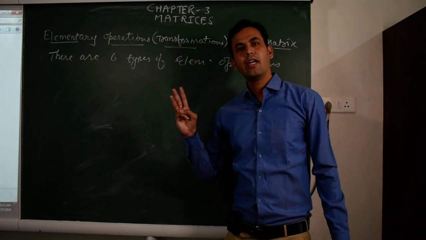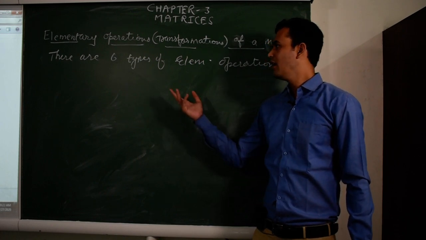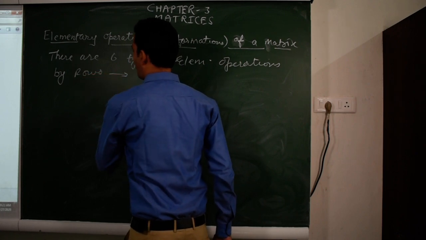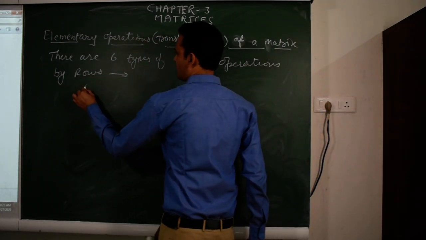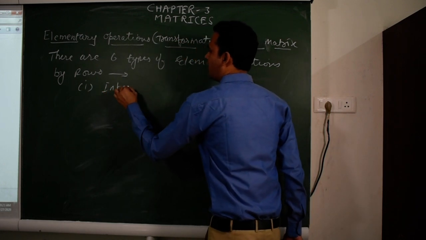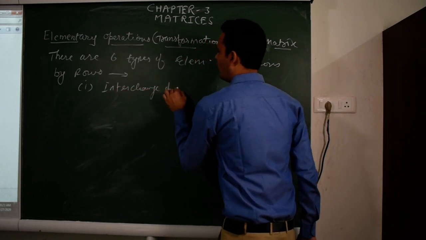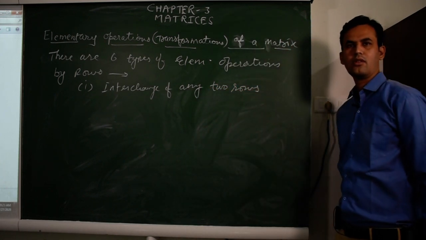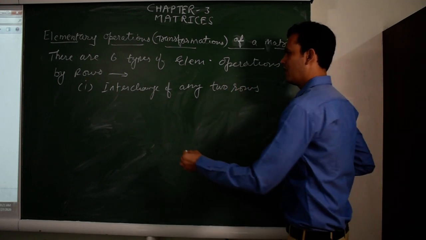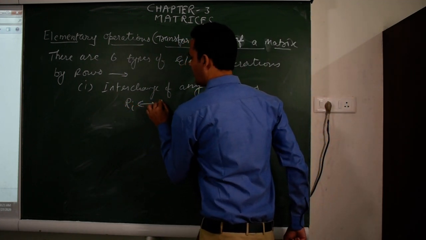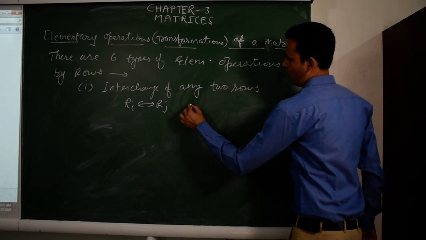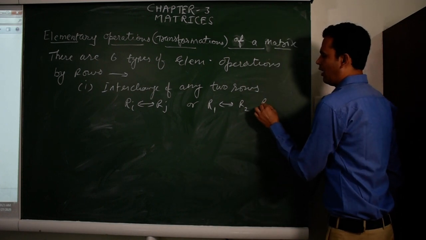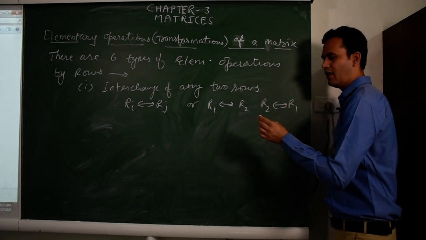Three are by rows and three are by columns. So first, by rows there are three operations. The first operation is interchange of any two rows, just like Ri interchange Rj, or we can write it as R1 interchange R2, R2 interchange R1, and so on.